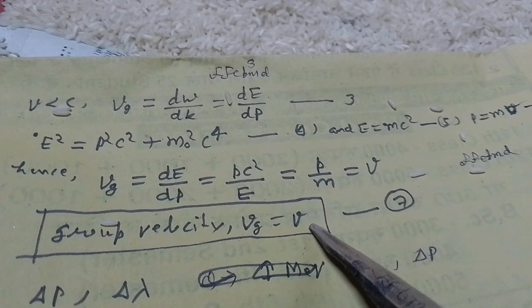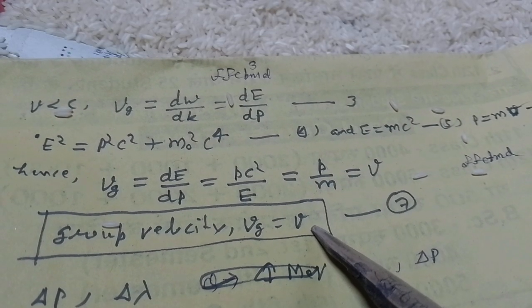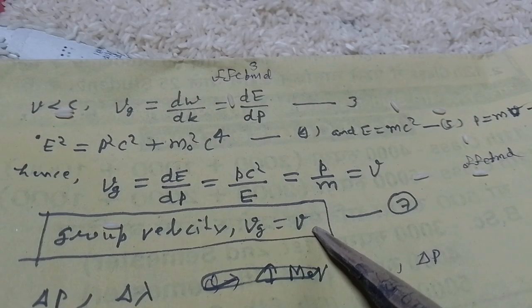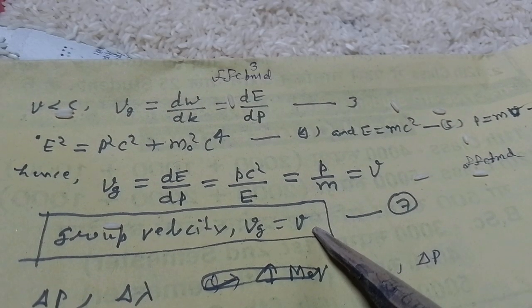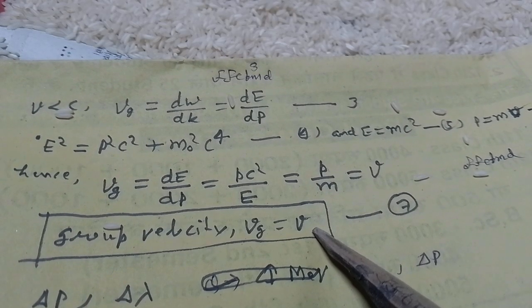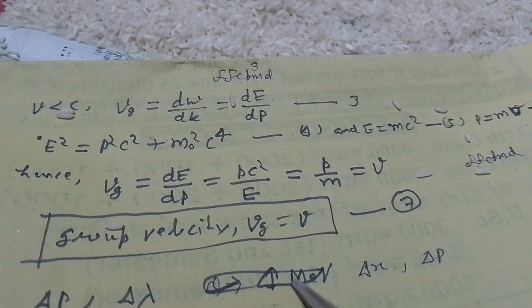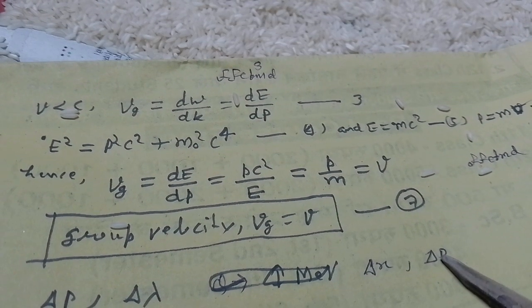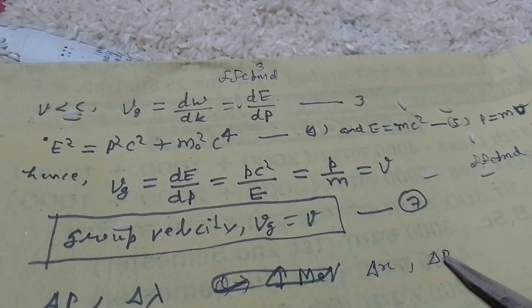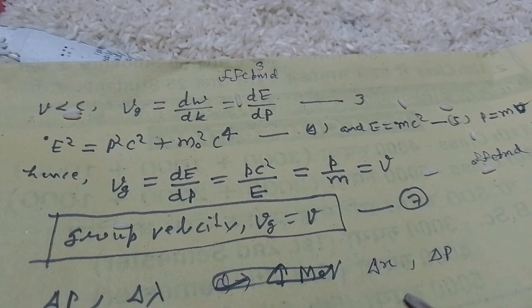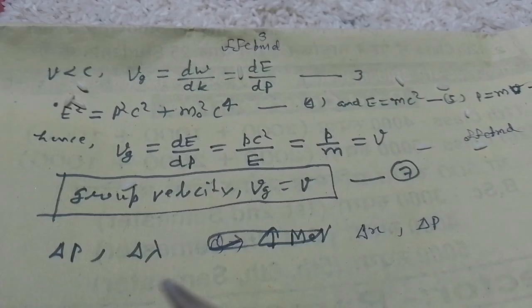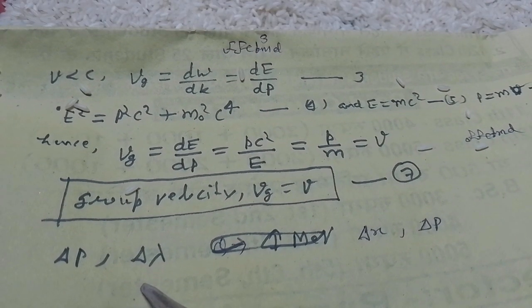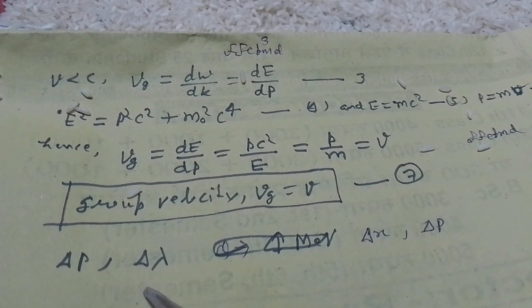Thus we have learned that a single wave is not enough to represent a particle. We need to superimpose a group of waves which yields a wave packet traveling at a group velocity equal to the particle velocity. We have seen that there is an uncertainty delta p in the momentum and a spread delta lambda in its wavelength.